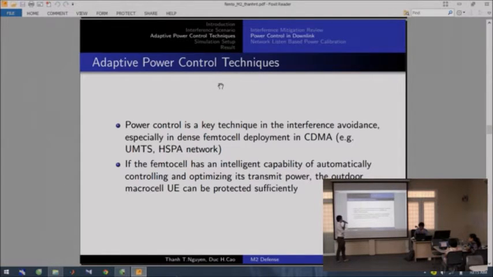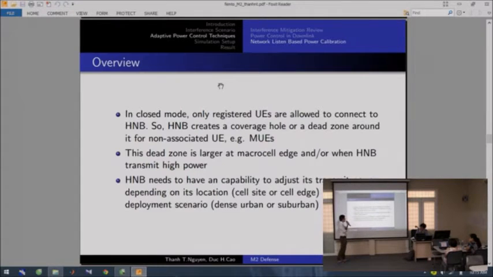The idea is that the femtocell has the intelligent capability to self-adjust its transmit power. It can sense its surroundings to adjust its transmit power so that it does not cause significant interference to the macro cell users.